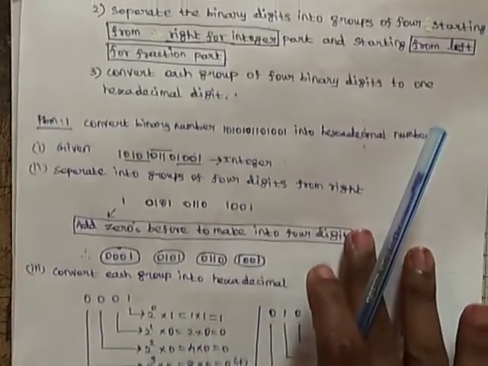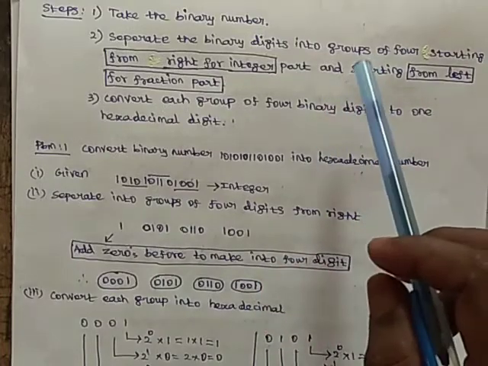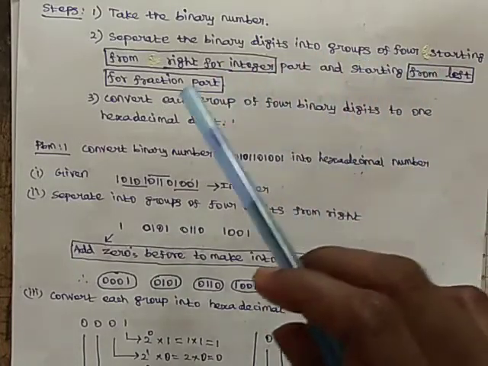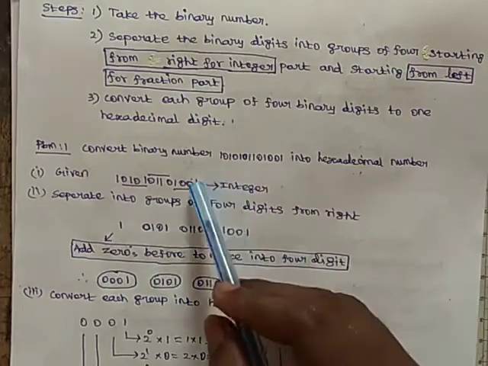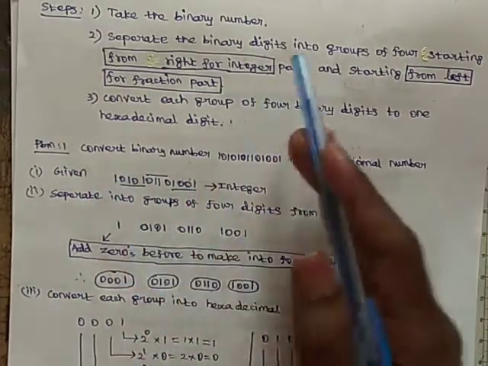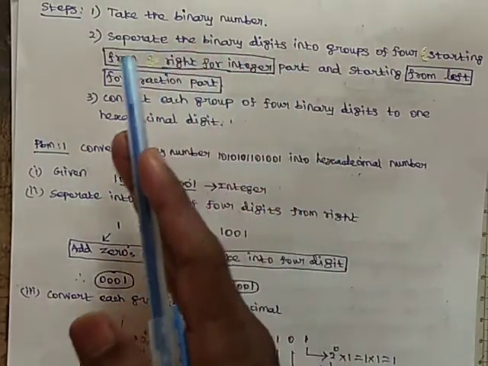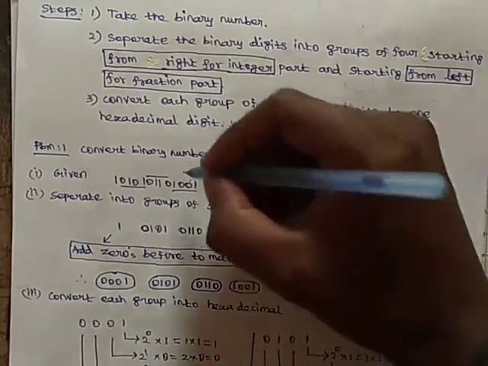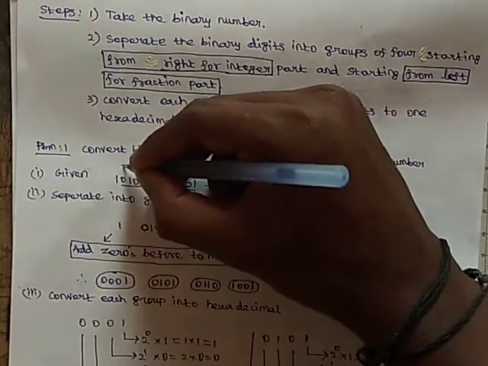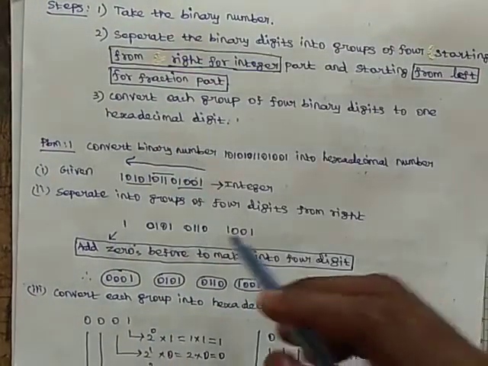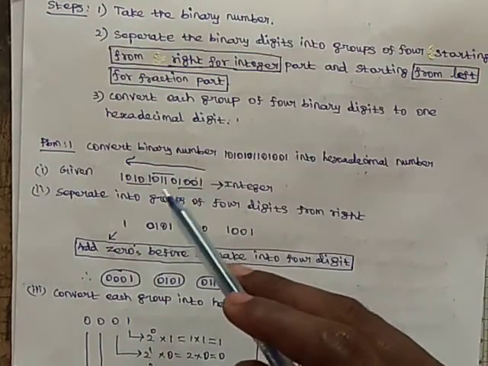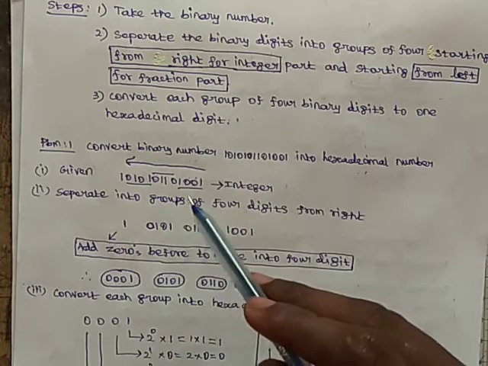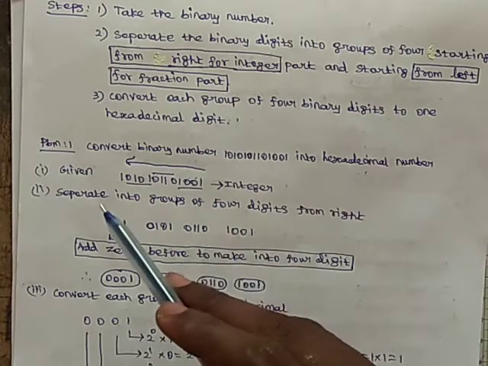For an integer, we have to form the groups starting from the right-hand side and moving to the left. You have to form the group from here to there, that is, for the whole number, grouping from right to left.